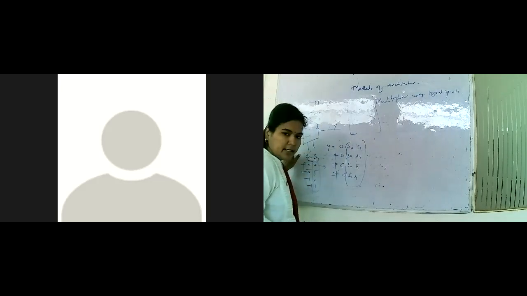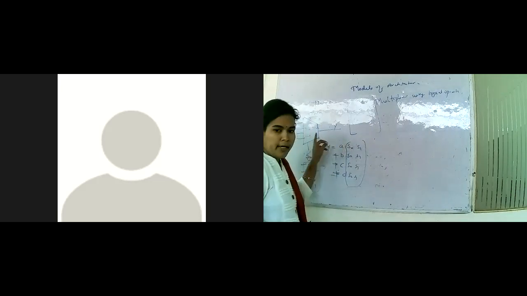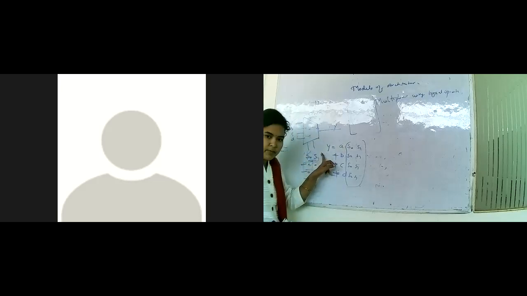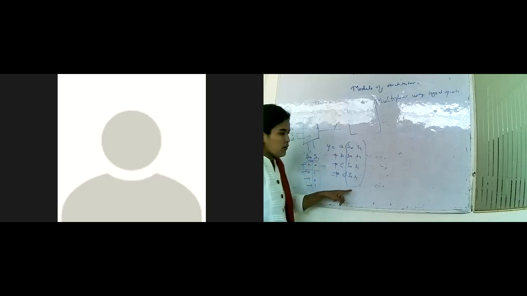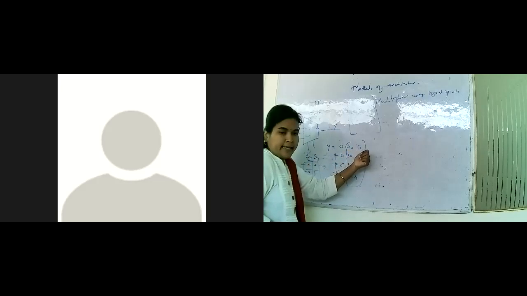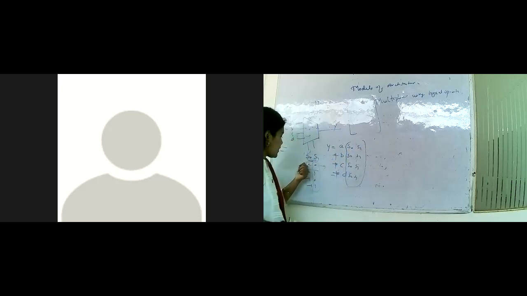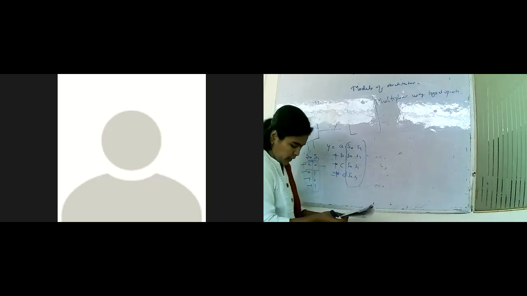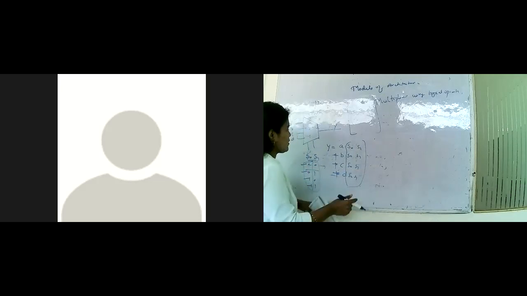A, B, C, D are the inputs, Y is the output, and there are 2 selection lines, S0 and S1. The selection lines are not written directly as S0, S1. For one combination it is 0, 0, for the second 0, 1, for the third 1, 0, and the last one is 1, 1. We will do it in the same manner.